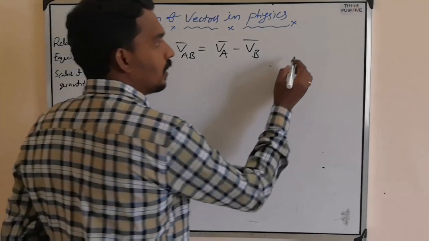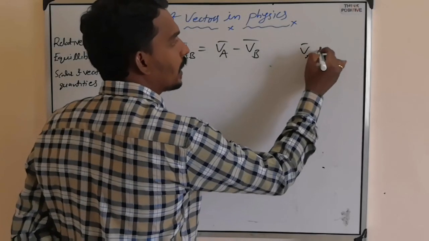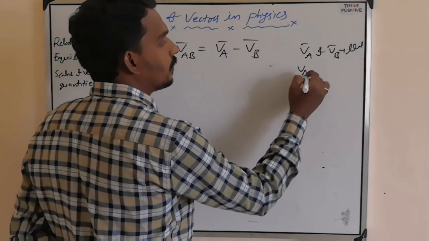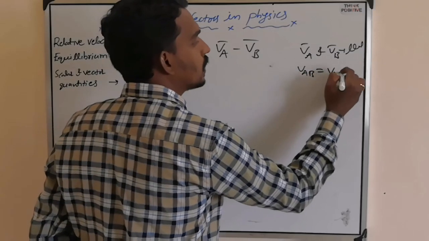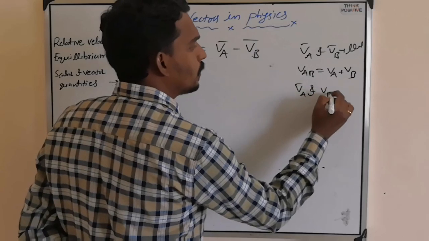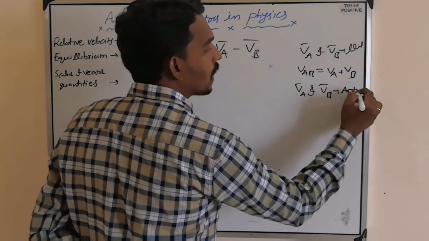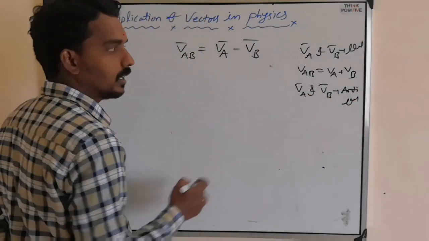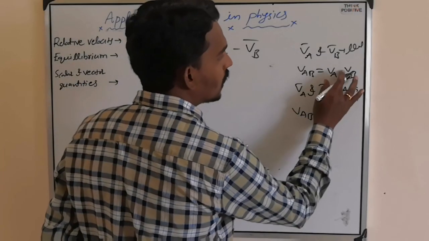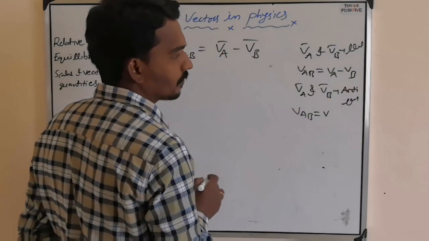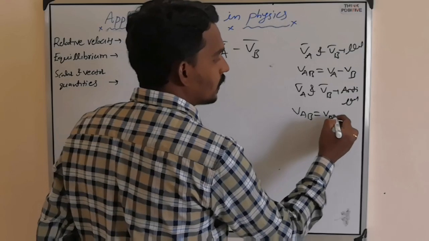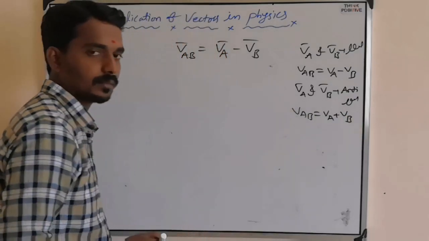And you said when VA bar and VB bar are parallel, then VAB is VA minus VB or VB minus VA, and when VA bar and VB bar are anti-parallel, opposite, then the magnitude of VAB is VA plus VB.